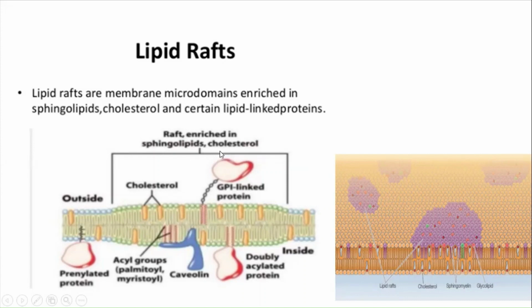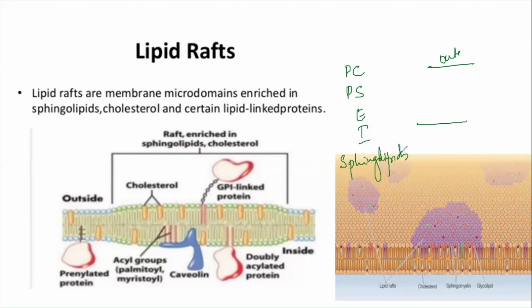Now, if you remember, I said that the phospholipid composition in the outer and inner leaflets is different. Phosphatidylcholine, serine, ethanolamine, inositol, and sphingolipids were there. Now tell me what is present on the outer leaflet of the plasma membrane and what is present on the inner leaflet.